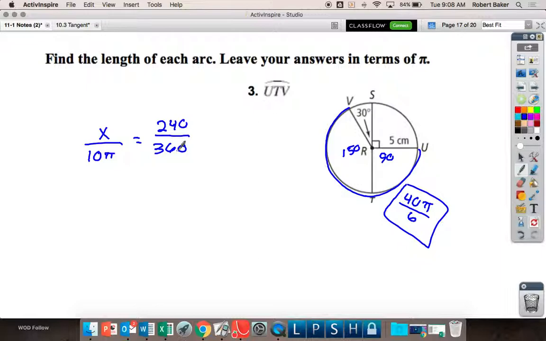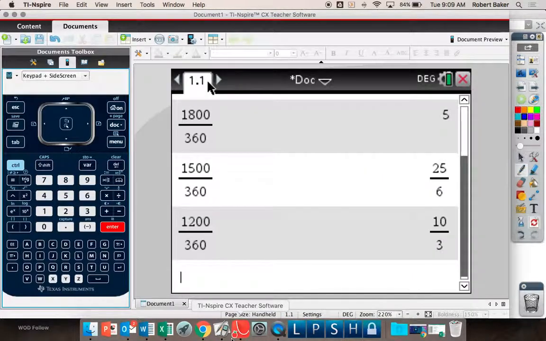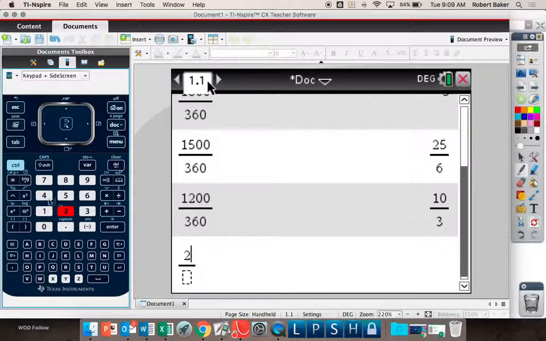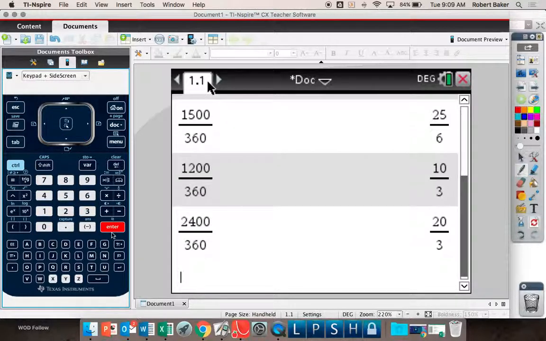So we cross multiply. 240 times 10 is 2,400 pi. We divide both sides by 360. So 2400, oops. 20 pi over 3.